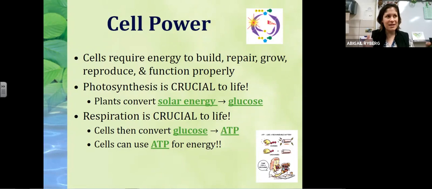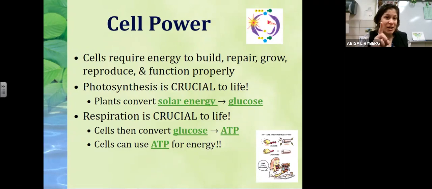So photosynthesis is absolutely crucial to life because photosynthesis is the process of plants converting solar energy into what we call glucose. Okay, so remember that. So plants are taking energy from the sun and then producing this product called glucose, which is really a sugar molecule.